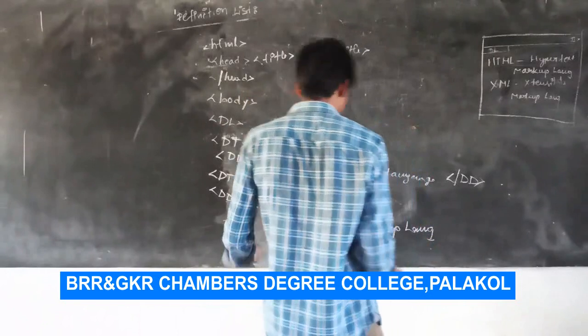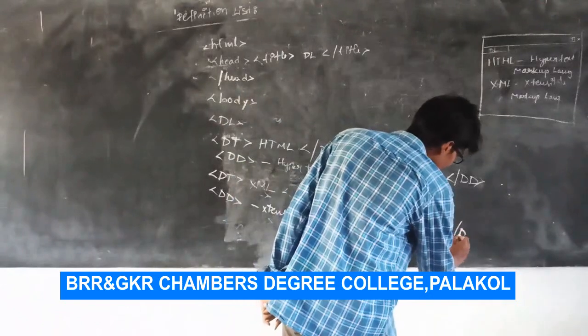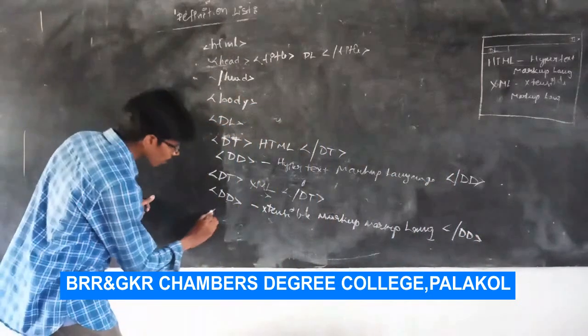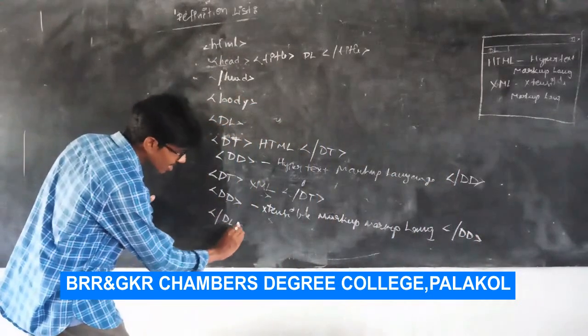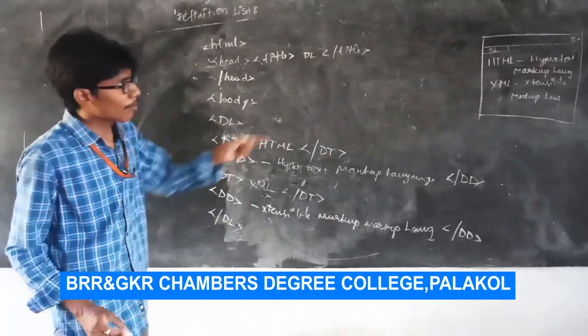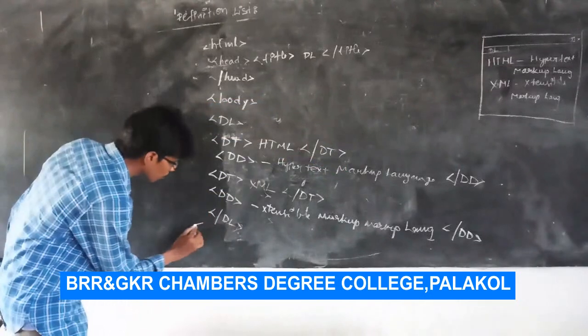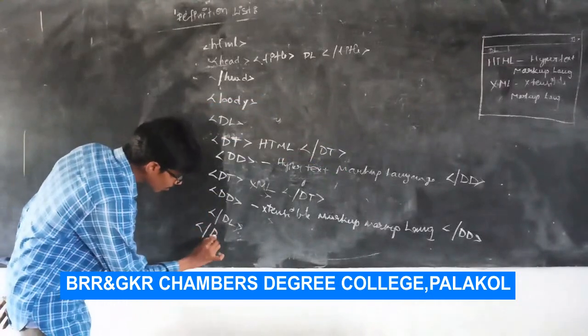After completion of the text, you have to close the DD tag. After all this is completed, you have to close the definition list. Then, after completion of the total content of the body, you have to close the body tag.